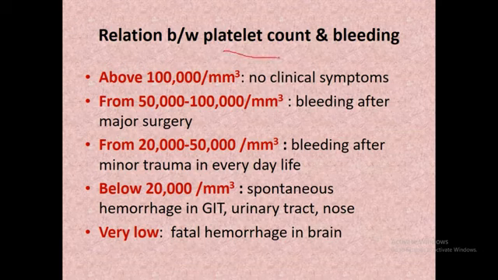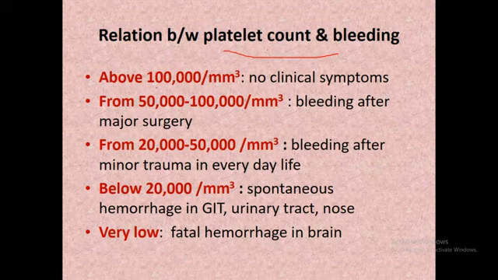Relation between platelet count and bleeding disorders. So first of all, remember the normal platelet count. The normal platelet count runs between 1,50,000 and 4 lakh platelets per cubic mm of blood. So here we are going to see the relation between the platelet count and bleeding.